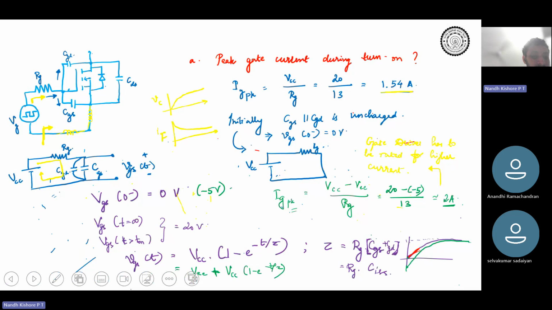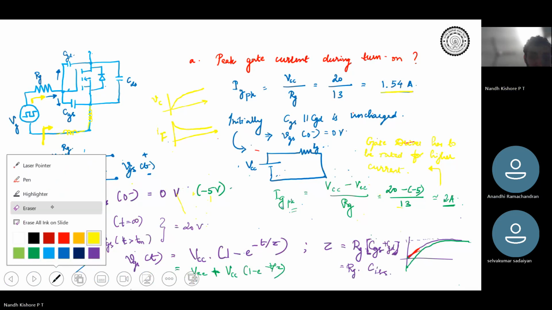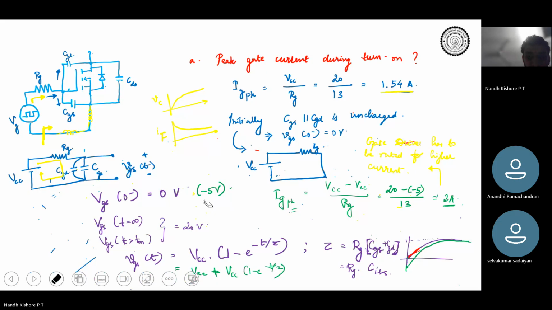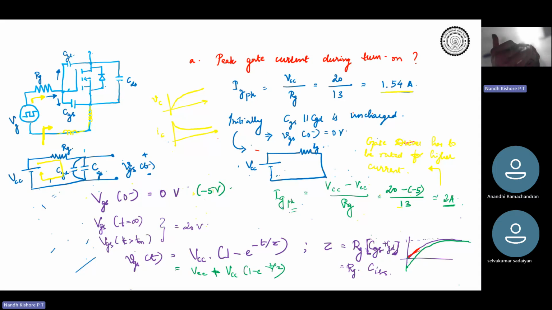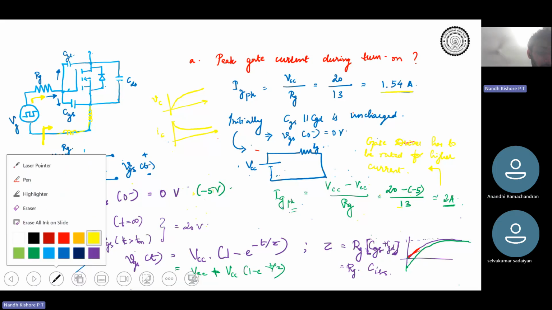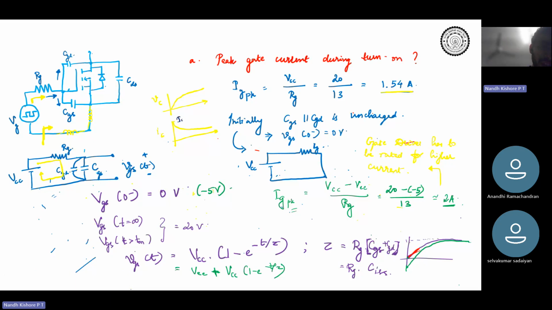So if this is fine, then the capacitor current, or the RC circuit current, will go on decreasing as the capacitor charges and charges. So this is the peak current, IG peak, and slowly the current goes on decreasing.